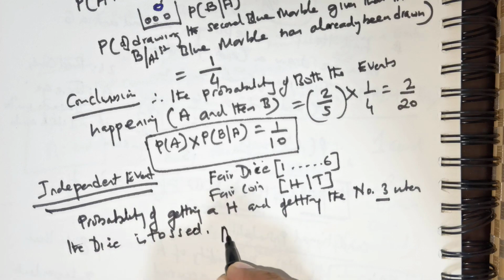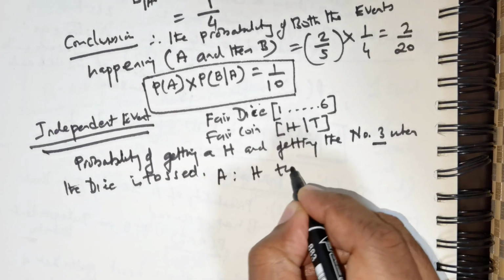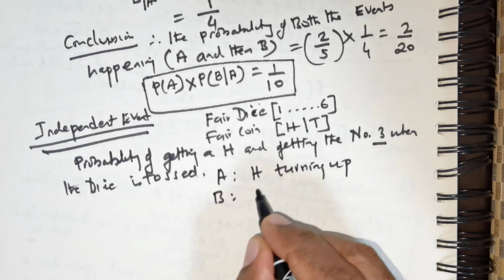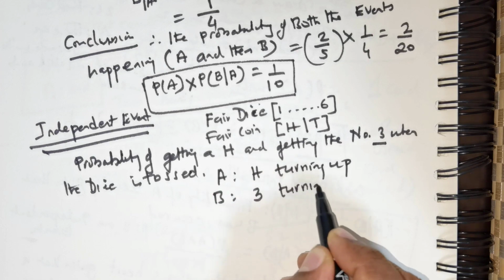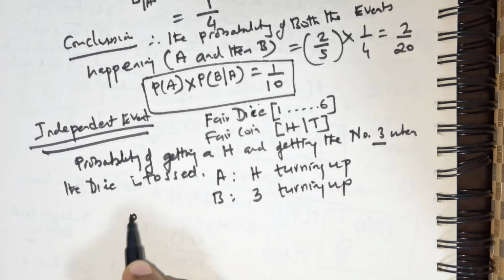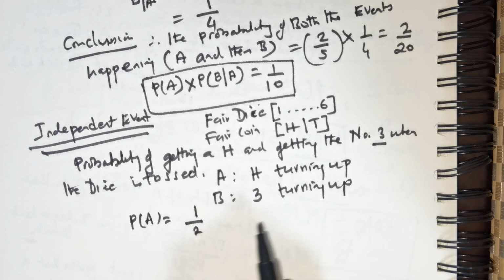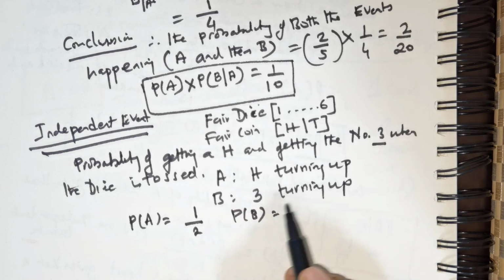So if I take A to be the head turning up and B to be the number 3 turning up, the probability of A, with exhaustive case 2, is 1/2. And the probability of B: how many numbers are there?